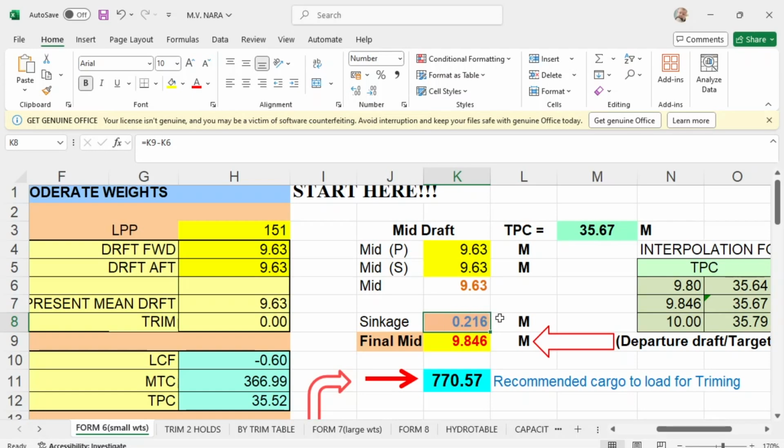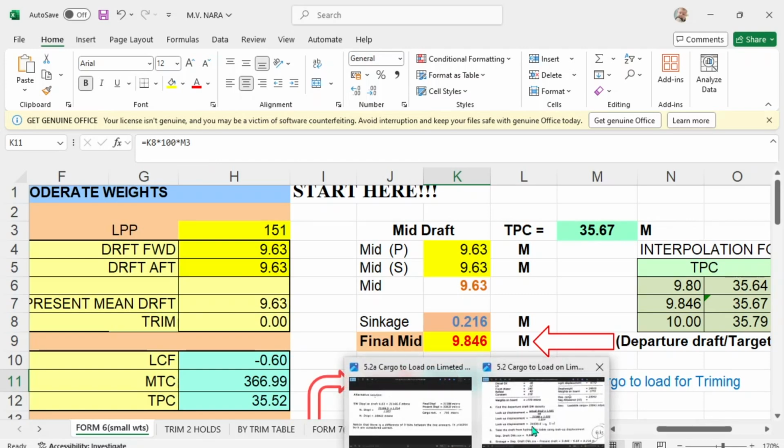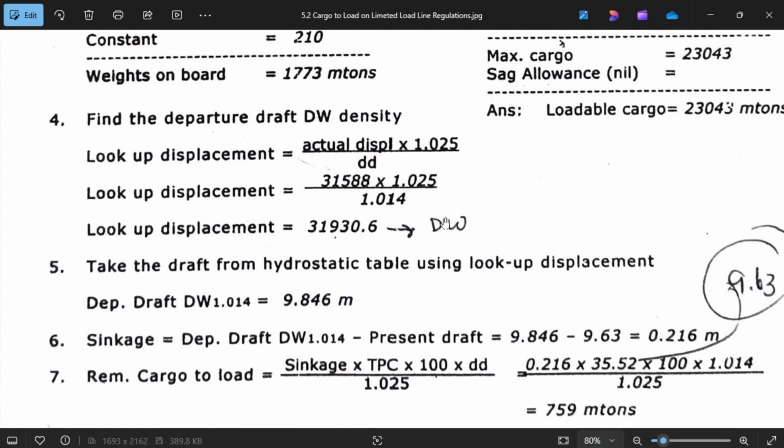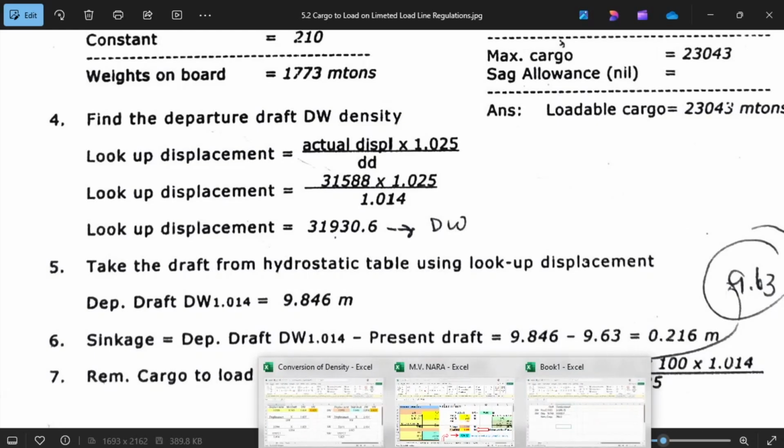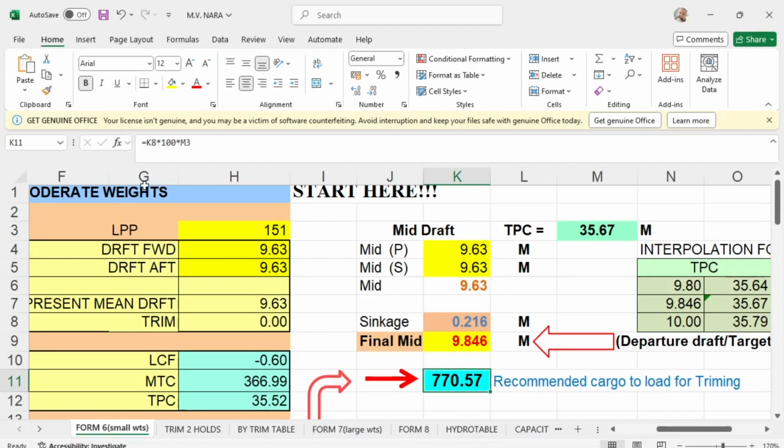Now you convert this one into cargo. You click this one and you will have this formula. This is K8, which is column K, row 8. So this will be your sinkage times 100. You see this one, guys? So sinkage times 100 times M3.